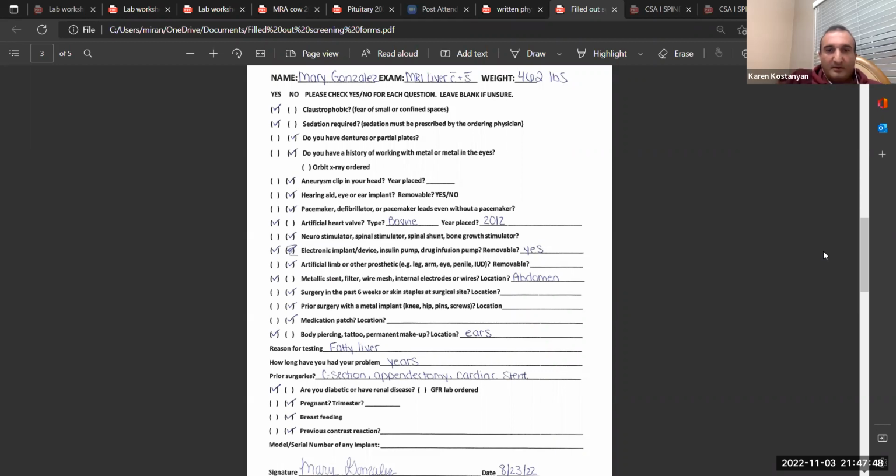All right, look up top. There's one area that you should verify: your weight. Why do we care about my weight? Because in case you are okay for a contrast, I have to measure the amount of gadolinium.